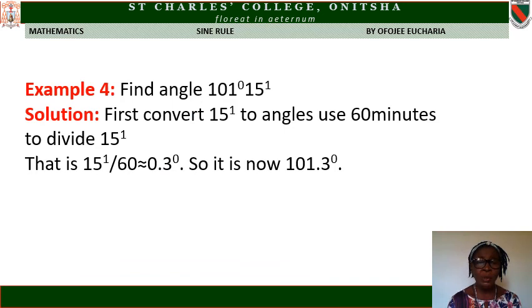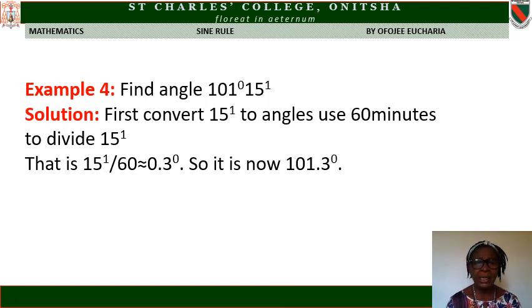Now, we want to look at example 4. What I want you to detect in example 4 is there is a small one, or you call it minutes, on top of 15. But if you get to your four-figure table, you will see that very sign. And therefore, whenever you are given this type of sign in any angle, you have to first of all convert it to degrees.